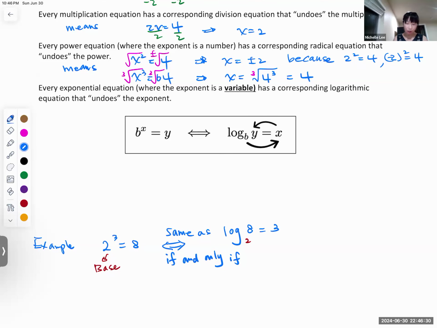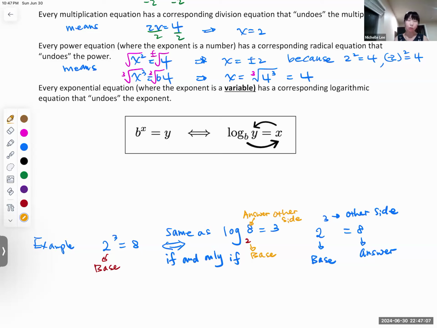So I want to make 2 the base, and then the power on the other side from the log, the format gives 8 as the answer. So in that case, this is the power, and this is the answer, and this is the base. You guys are okay with this?